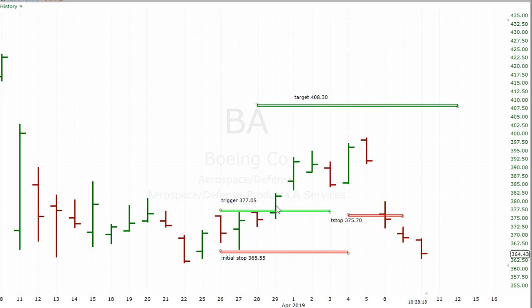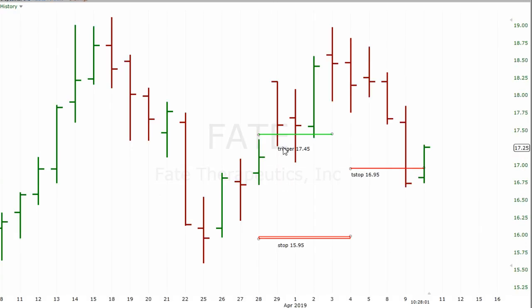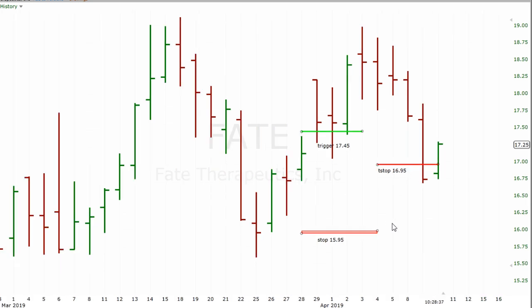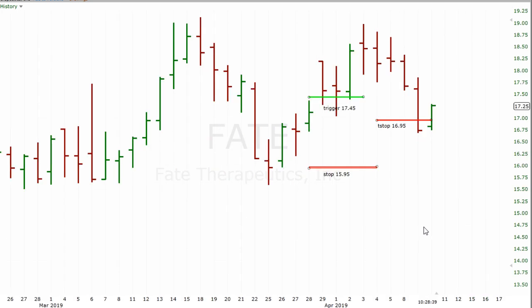And so what you're saying is that you got your trigger here, and then you got your three lows above the trigger up here, and so basically the system stop got trailed up close to break even. And the one that you had mentioned was FATE, right? As an example, yeah, that's a good example of a recent stop that got hit.